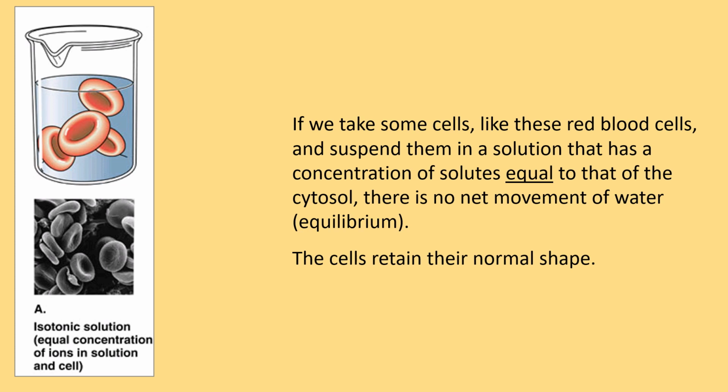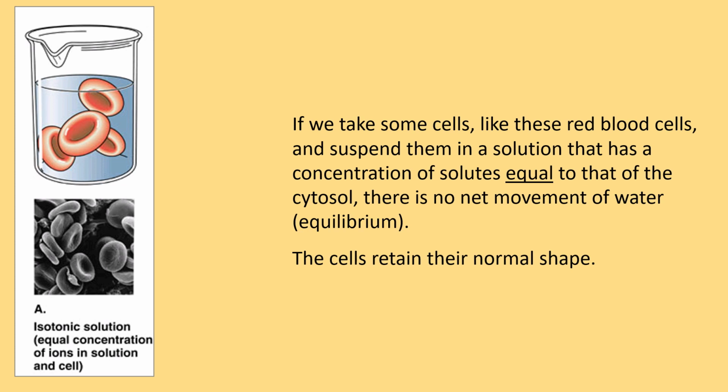The relative concentration of the fluid inside a cell to the fluid outside the cell is important for maintaining cell shape. And we can use these red blood cells suspended in a fluid in a beaker to illustrate this point. So these red blood cells are suspended in what's known as an isotonic solution. Iso means same, and the property of the fluids that we're talking about is tonicity.